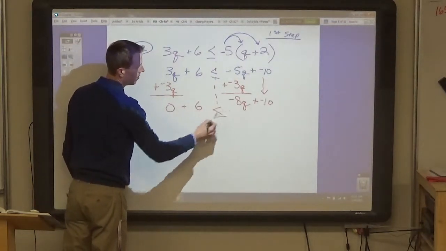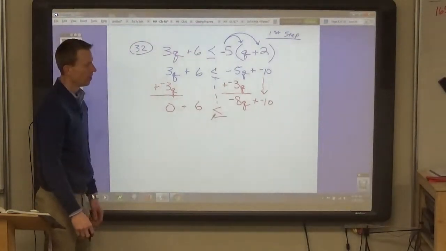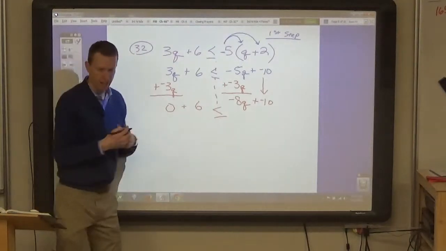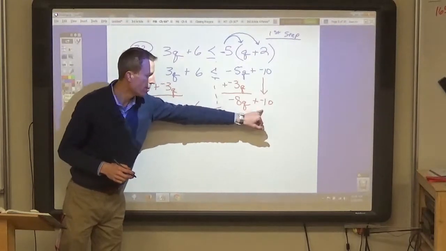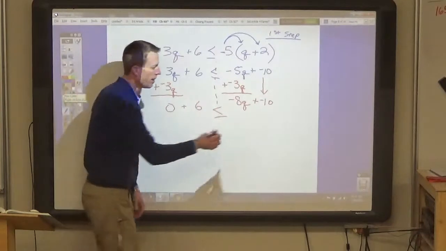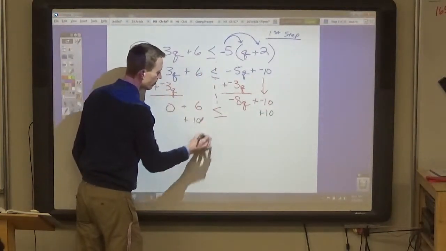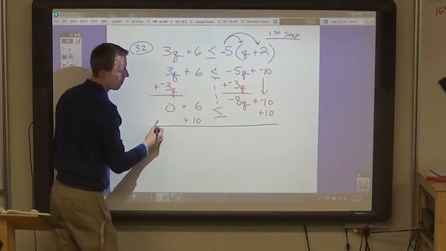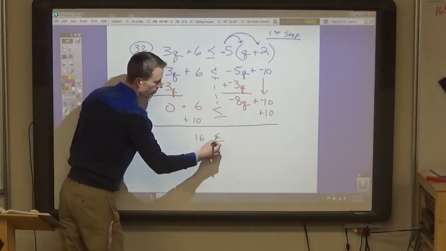Yep. Now we have to get the numerical terms all on one side. So we have to get rid of this number on the right side. So we add 10. That gets rid of the negative 10. And then we have to add 10 to 6, which is going to be 16.